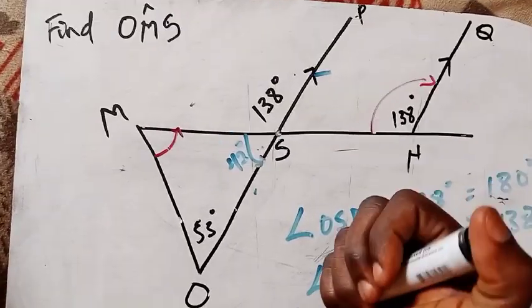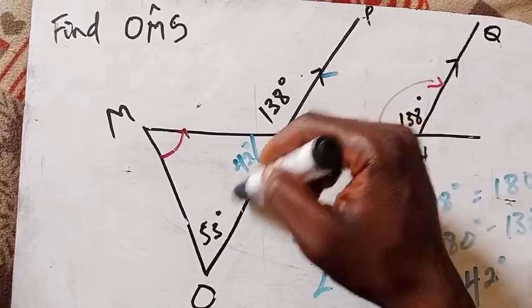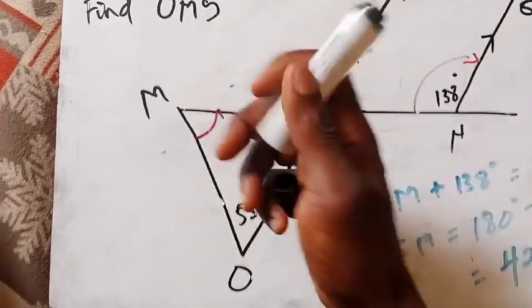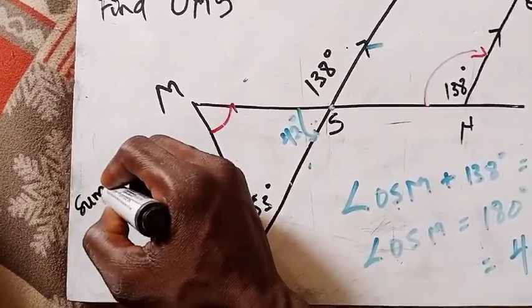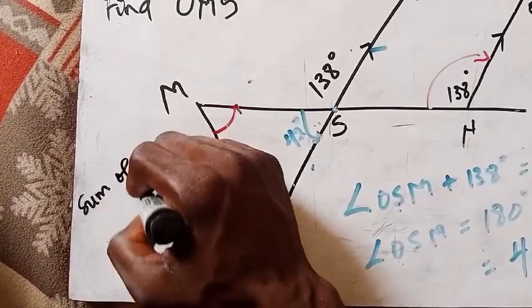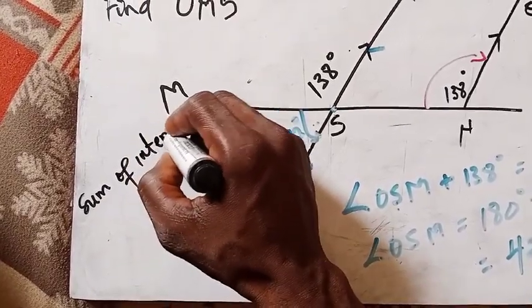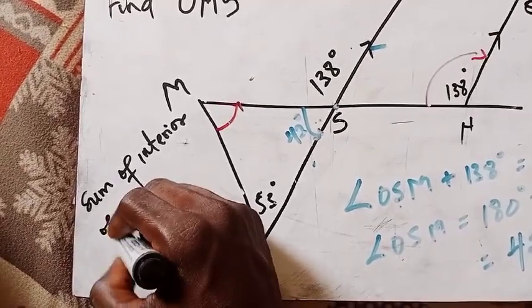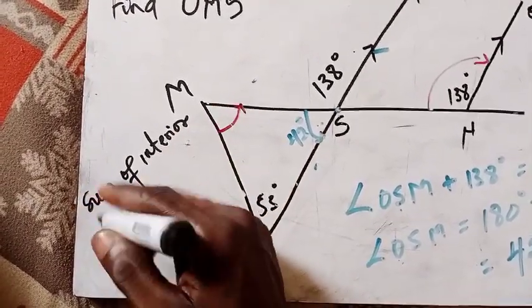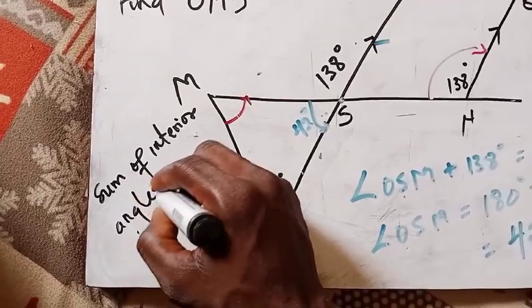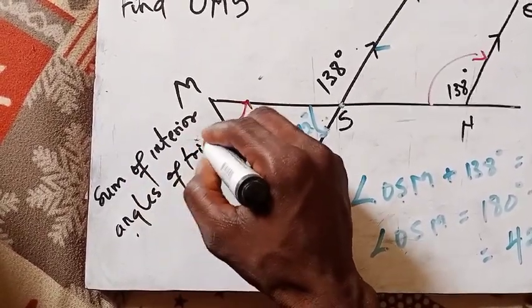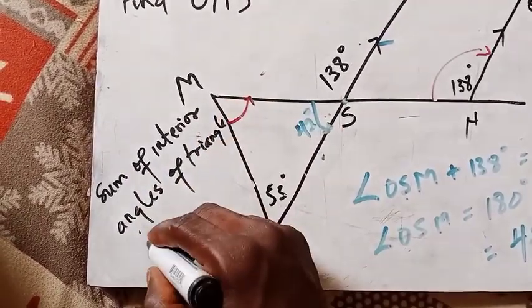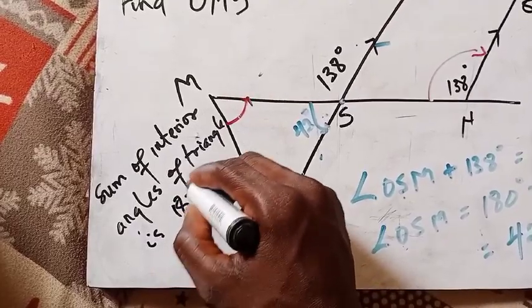Now since we are okay to go, we have these two sides. You can say that the sum of the interior angles, right? So you know this definition: the sum of interior, what I mean by interior here is anything within the triangle. The sum of the interior angles of a triangle is what? 180 degrees, right?